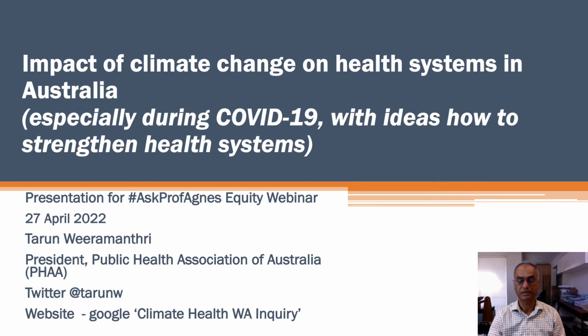In 2019 and 2020, I conducted a year-long inquiry into the impact of climate change on health in Western Australia for the state government. The final report is easily found if you Google Climate Health WA.